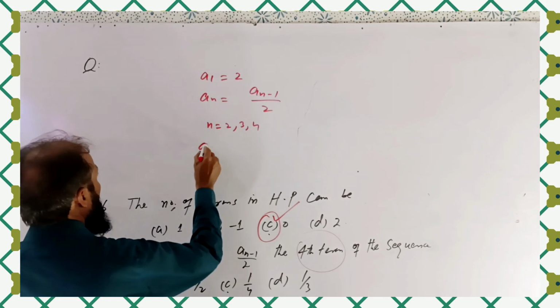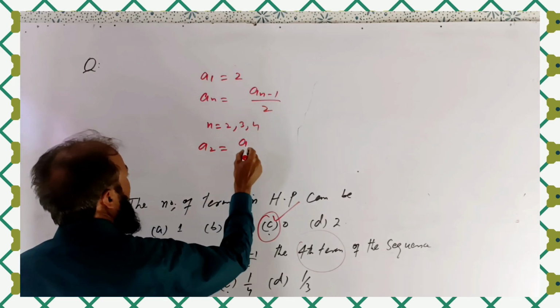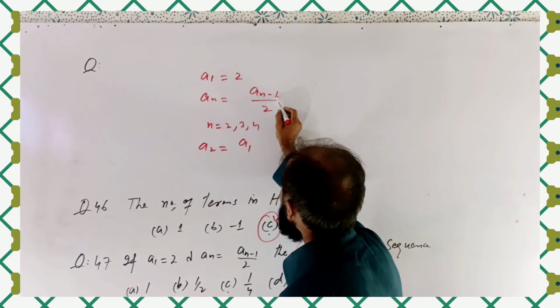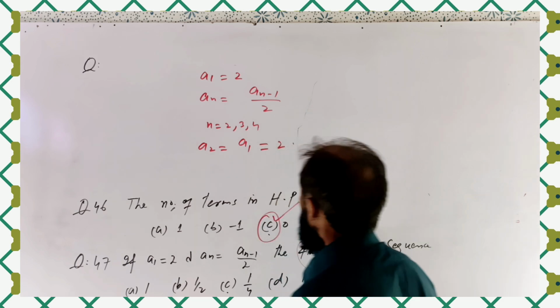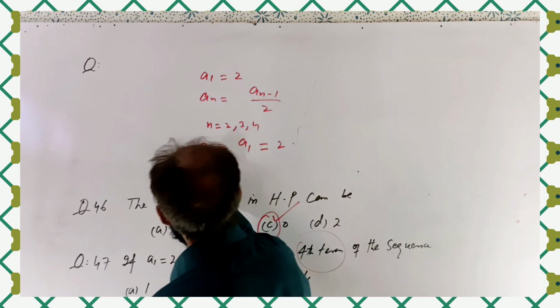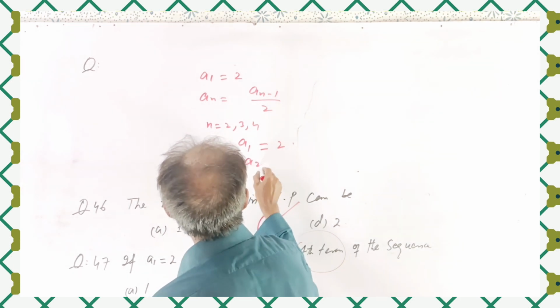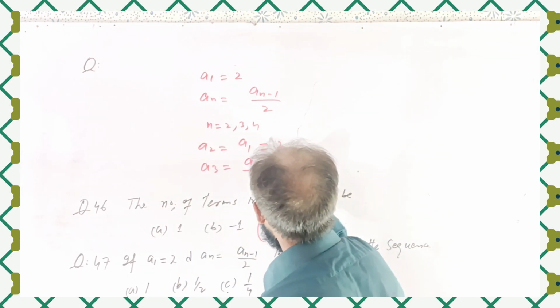If we put n is equal to 2, a2 is equal to a2 minus 1, we will get a1, which is 2. If we put n is equal to 3, the result is a3 is equal to a2 divided by 2, 2 divided by 2 is equal to 1.